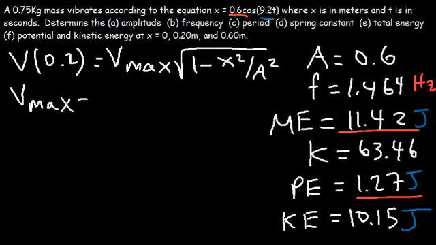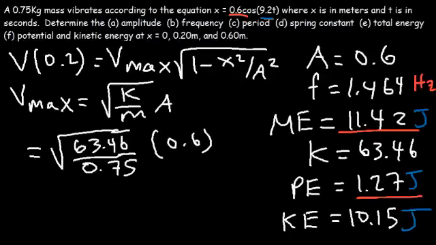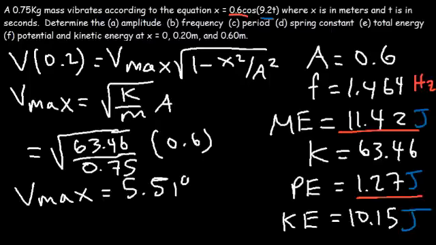So v max is equal to the square root of k divided by m, times A. So that's going to be the square root of 63.46 divided by the mass, which is 0.75, times the amplitude, which is 0.6. 63.46 divided by 0.75, that's like 84.61. If you take the square root of that, you should get 9.2 times 0.6. So the maximum velocity is 5.519.